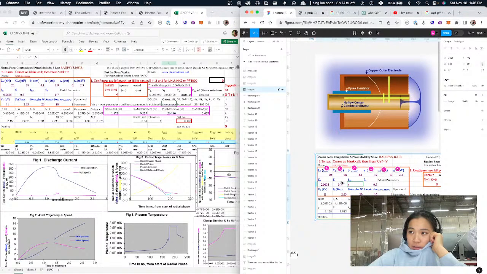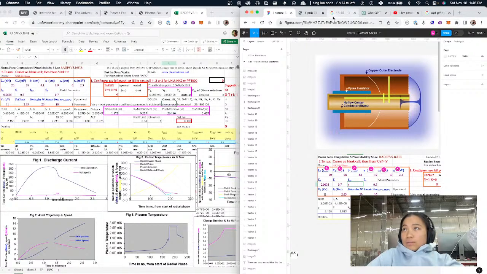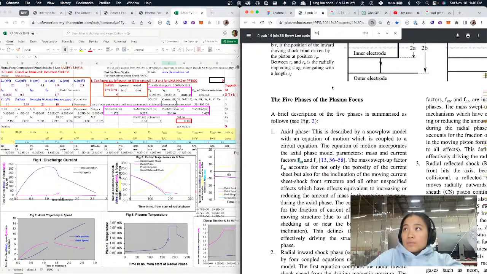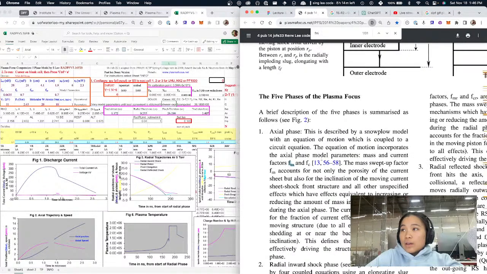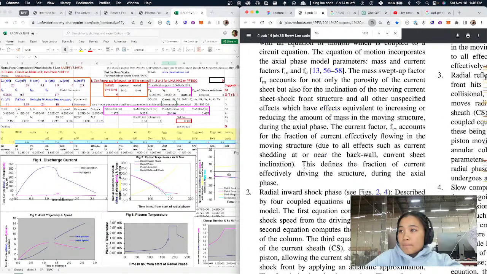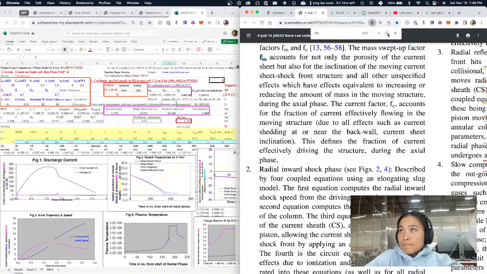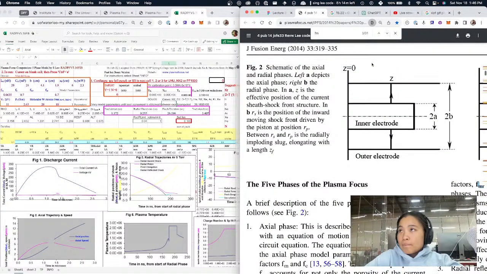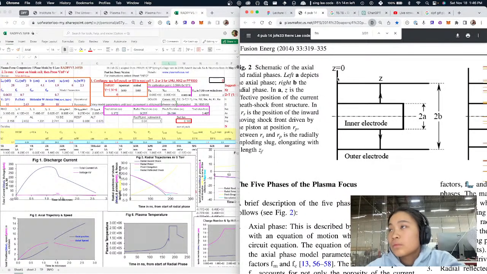Okay, and then the F, F, F, F, C, F, F, M. Mass. Okay, mass and current. But what is F? Okay, C0, and then C1.